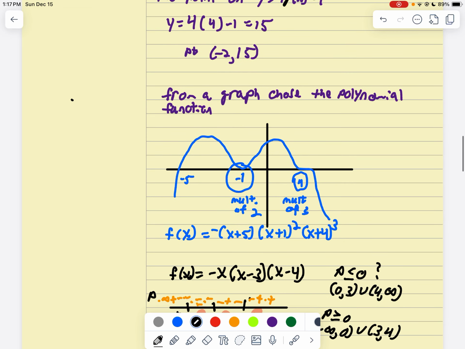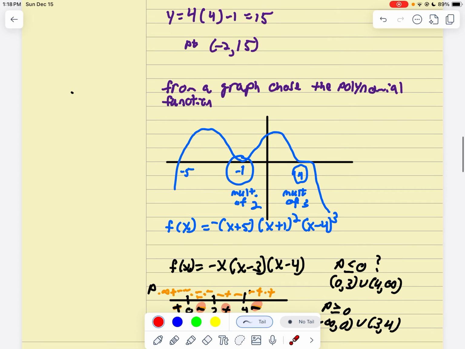Okay. From a graph, choose the polynomial function. So given a graph like this, you should look for a function that has x plus 5 as a factor. Notice it just goes through, so it's a multiplicity of 1. And x plus 1, but it bounces, so it's a multiplicity of 2. And x minus 4 with a multiplicity of 3, because it does that funky little jig at the 0.